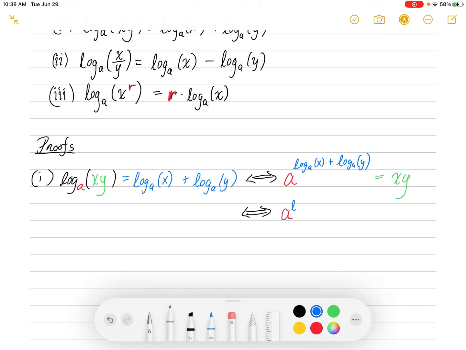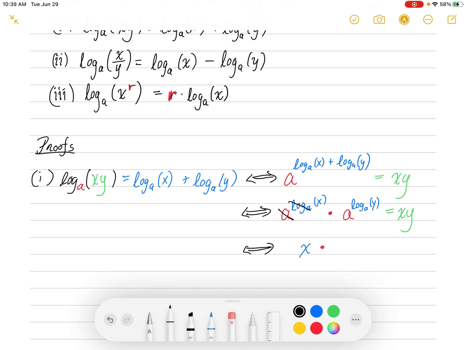Let's see. Well, I don't know if you know your properties of exponents very well, but you should. One of your properties of exponents says if you have a to two things added together, you can break this up into a to the first thing, log base a of x, multiplied by a to the second thing, log base a of y. That's a property of exponents that hopefully you're familiar with.